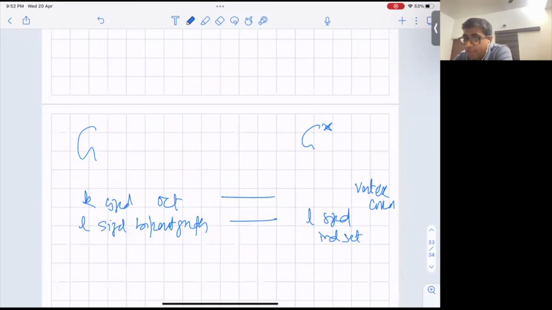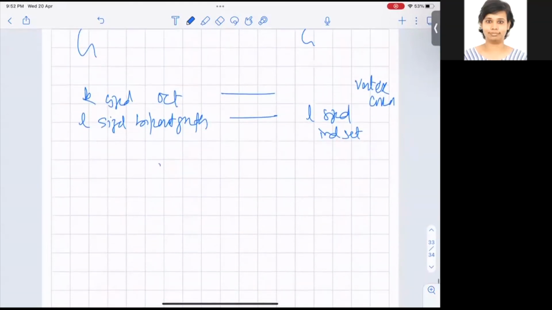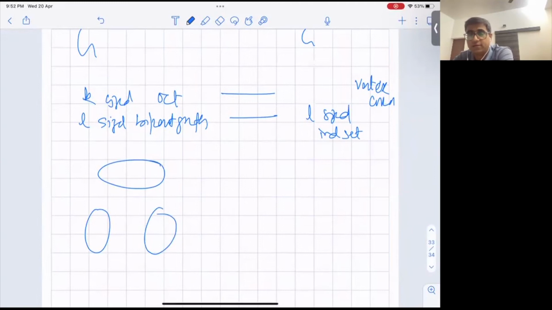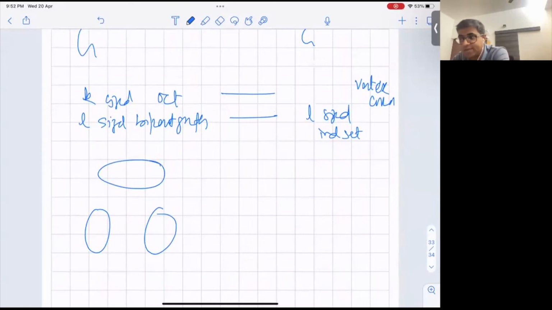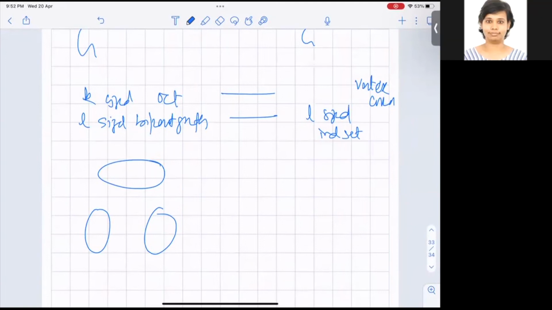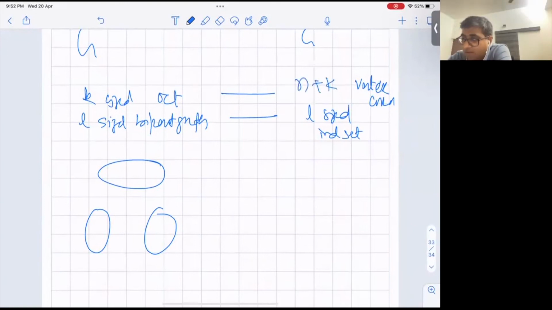Don't talk in terms of L; there's nothing called L. If there's a k-sized OCT, it means it has an n minus k-sized bipartite graph, so talk in terms of that. Then it has a vertex cover of size n plus k.